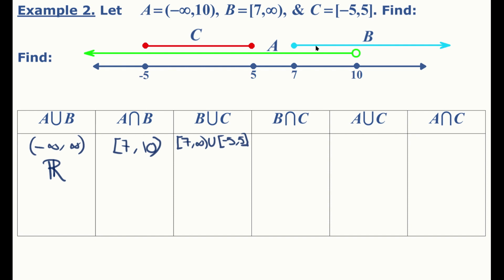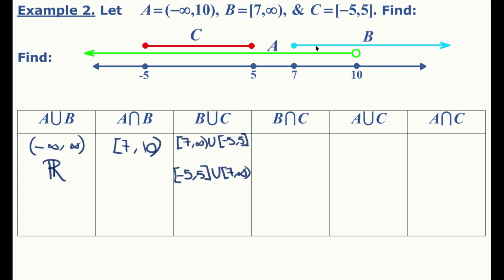By the way, do notice that finding the union of two sets or the intersection, they're both commutative operations. In other words, I could have just as well written -5, 5, union bracket 7 to infinity, and that would have been a correct answer too, because these are the same thing.